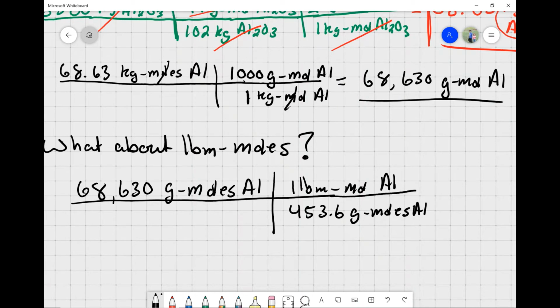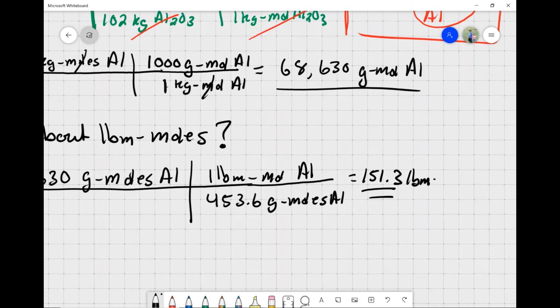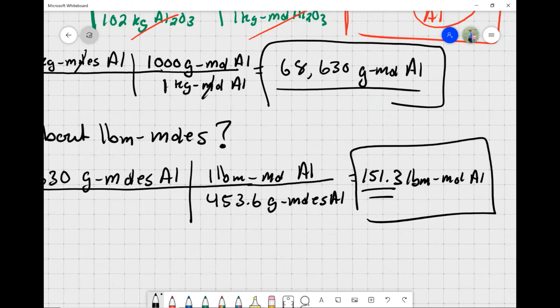And so I'm going to just divide that by 453.6, and I got 151.3. So I always like to circle my answer.